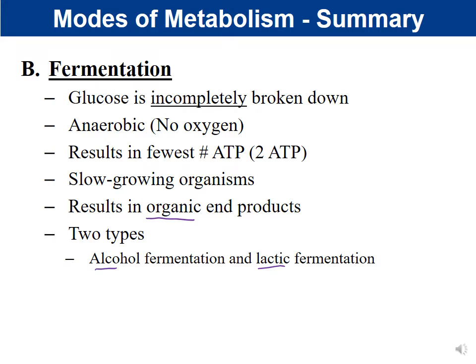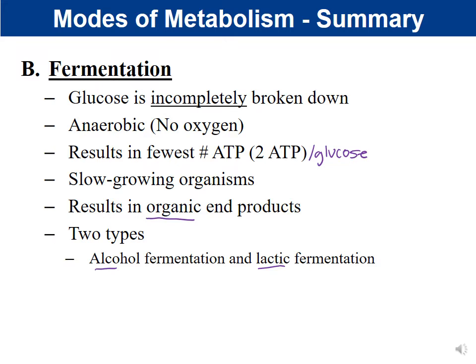Now, this is an anaerobic process, meaning it occurs in the absence of oxygen. But again, it is not anaerobic respiration. This results in the fewest number of ATP. We only get 2 ATP per glucose. So it is the lowest energy yield.